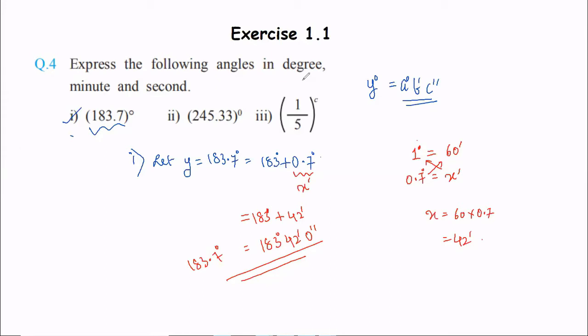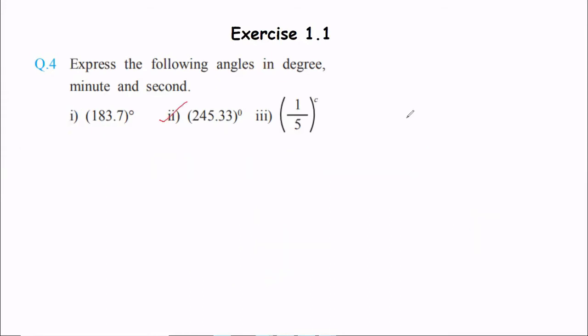Now moving to the second sum. 245.33 degrees. Let y is equal to 245.33 degrees. You can write this as 245 plus 0.33 degrees. This is also in degrees. So we will convert 0.33 to minutes. Let's assume this is x minutes. Again, unitary method: 1 degree is 60 minutes, and we have 0.33 degrees, which will be equal to x minutes.